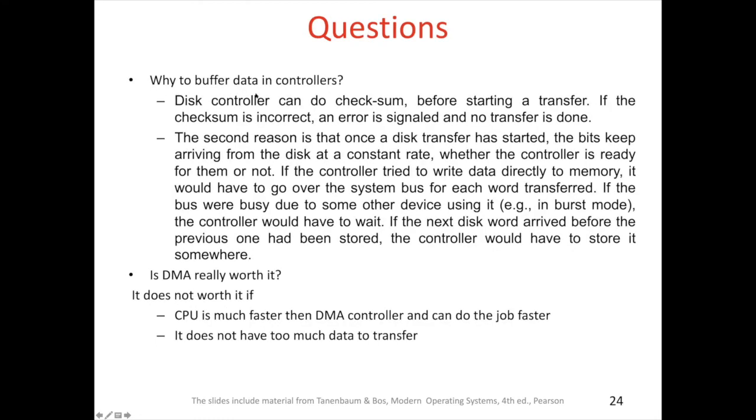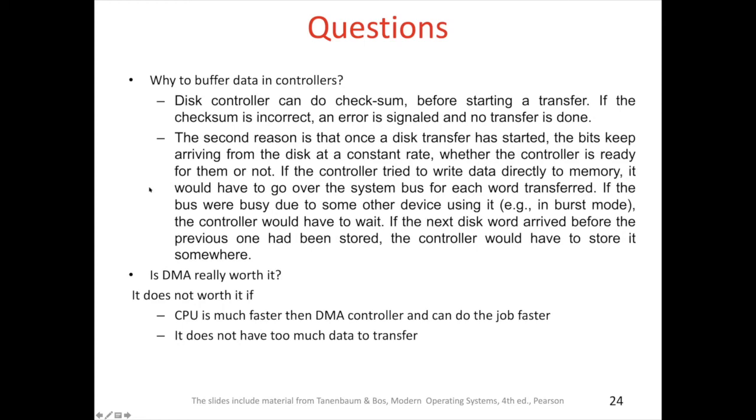Why buffer data in the controllers? One of the reasons is that the disk controller can do a checksum before starting a transfer. If the checksum is incorrect, an error is signaled and no transfer is done. The second reason is that once a disk transfer has started, the bits keep arriving from the disk at a constant rate, whether the controller is ready for them or not.